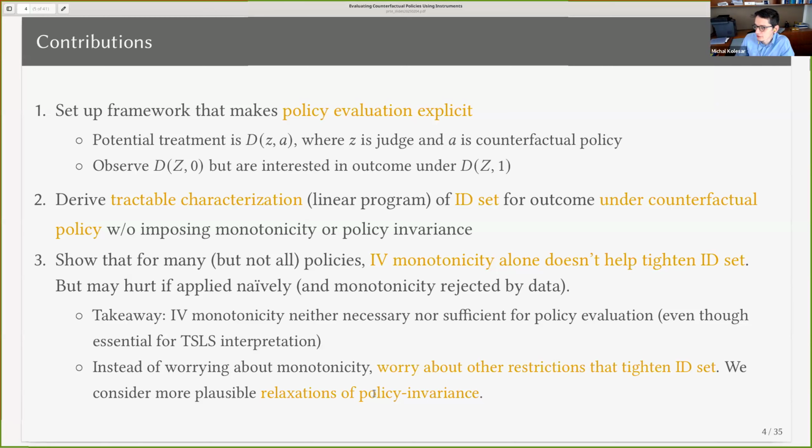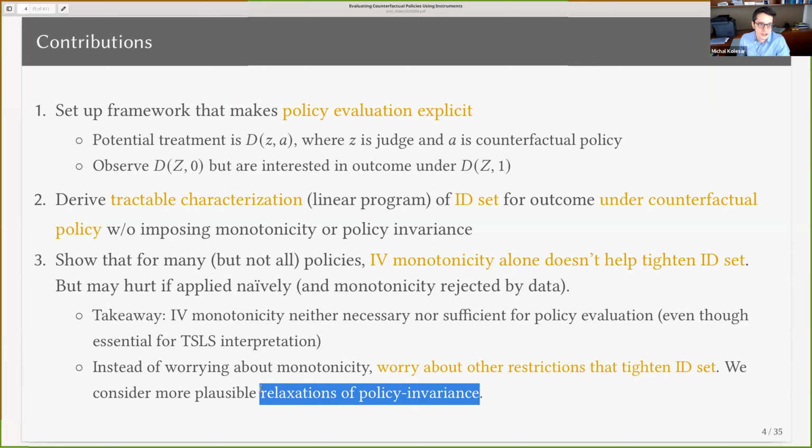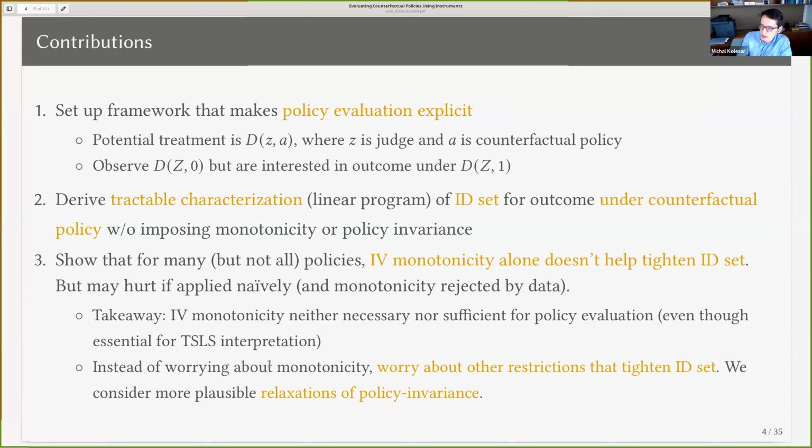We'll think about restrictions that have the flavor of relaxing the policy invariance assumption, which in some cases would give us point identification. So we'll be able to bridge this gap between imposing policy invariance, which we think is too strong, versus imposing nothing, which may not get us very much in terms of informativeness of the identified set.